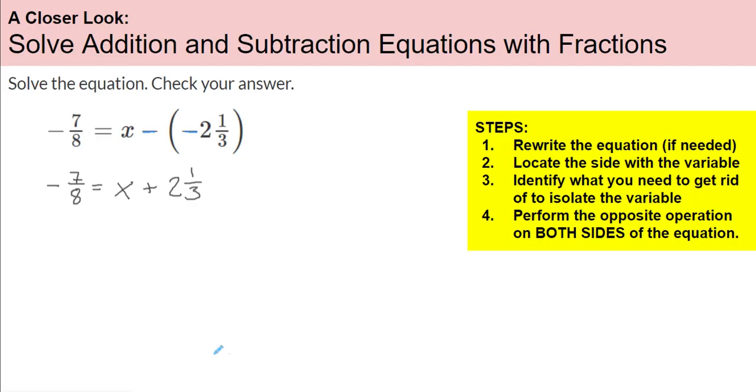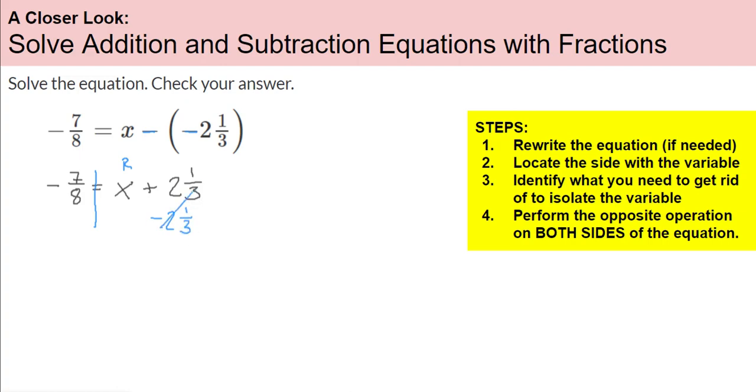Step 2, what side is the variable on? If you said the right side, you're correct. The variable is over there. What do we need to get rid of to get the variable isolated, and what's the opposite operation? If you said we need to get rid of 2 and 1/3, absolutely, by doing -2 and 1/3.